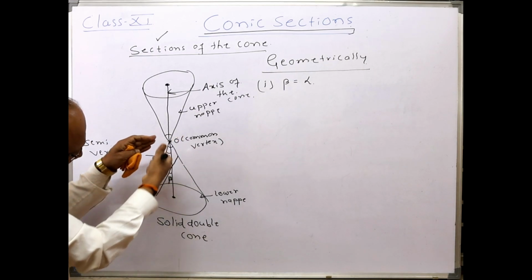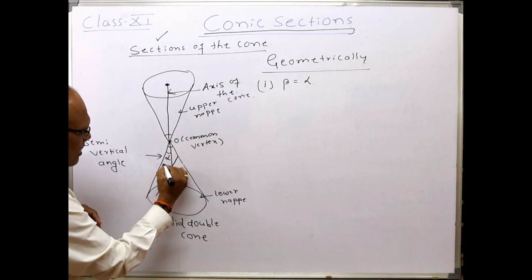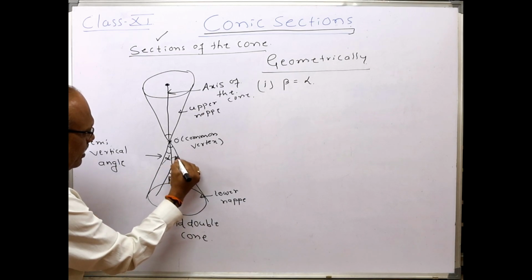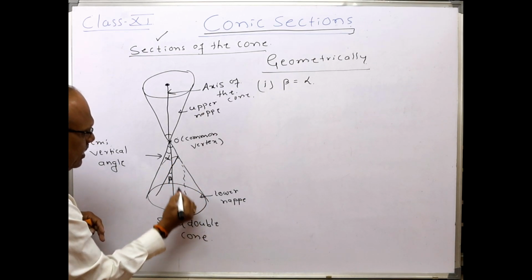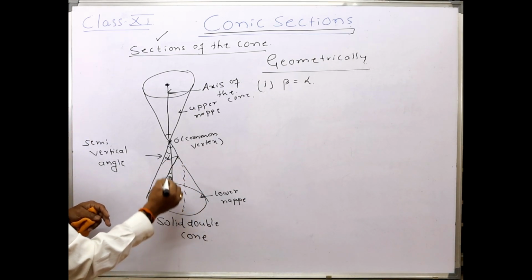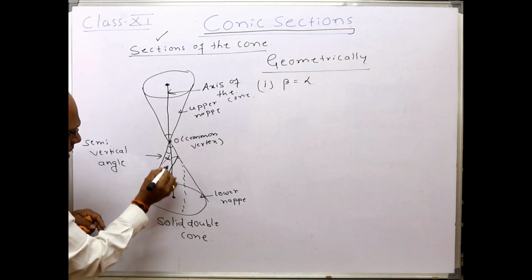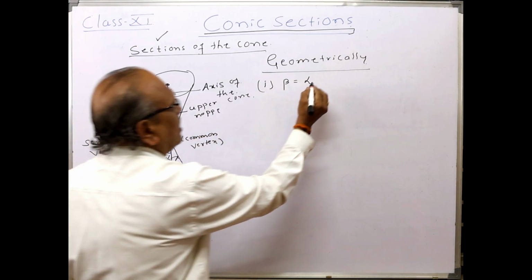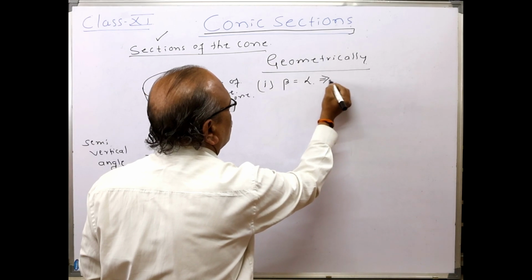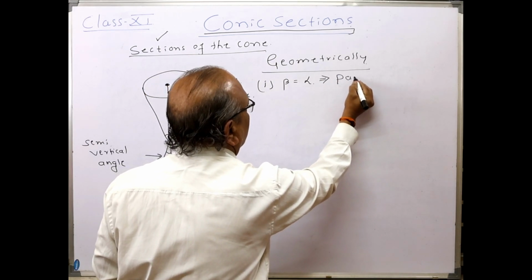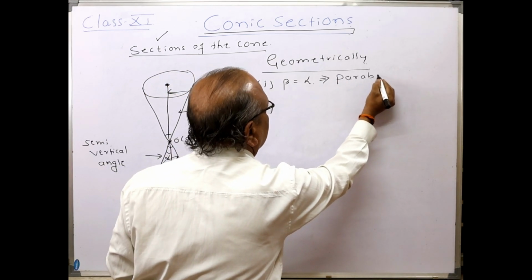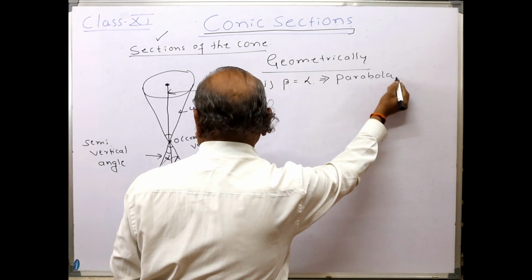Then if you slice it, you will get a particular part left behind. That particular part, whatever is observed after cutting this solid double cone at an angle beta is equal to alpha, the resultant section of the cone, we call it as parabola.